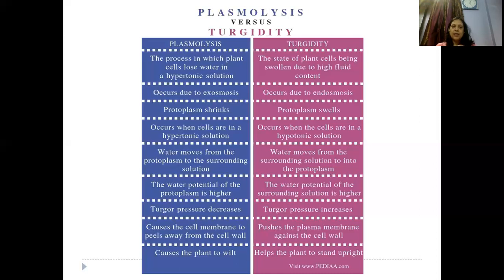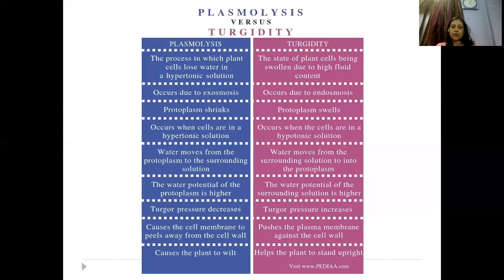Now plasmolysis will occur because of what? It occurs due to exoosmosis. Now once the plasmolysis happens, the plant cell will lose water. So what will happen? The water from inside will go outside. So it is going to exit.